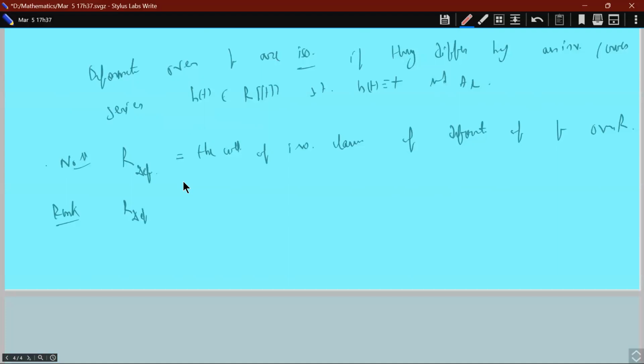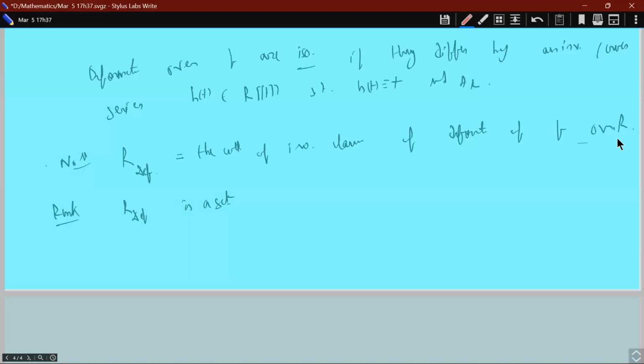What is Def once again? It is the collection of isomorphism classes of deformations of F over arbitrary R.